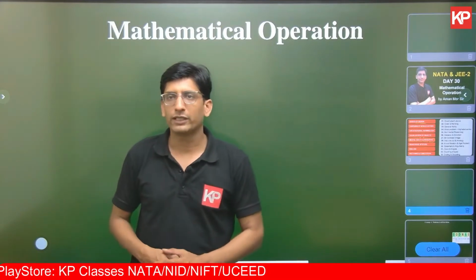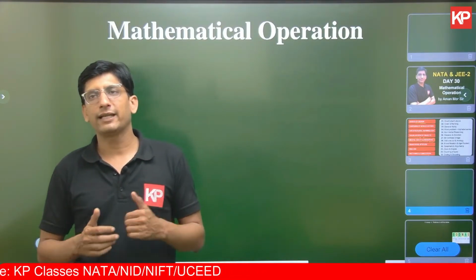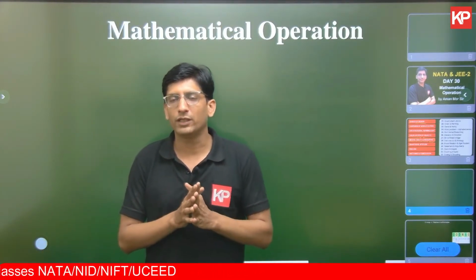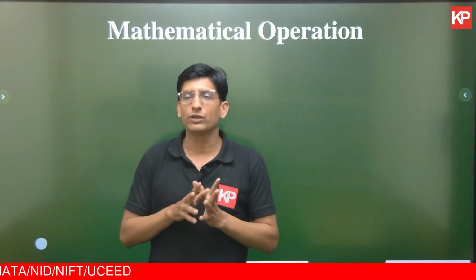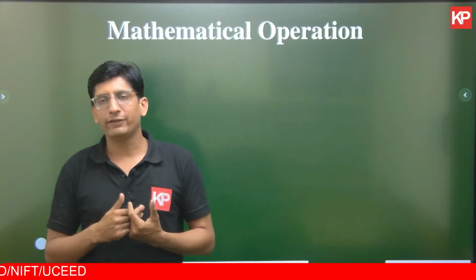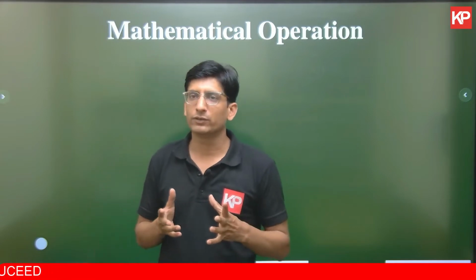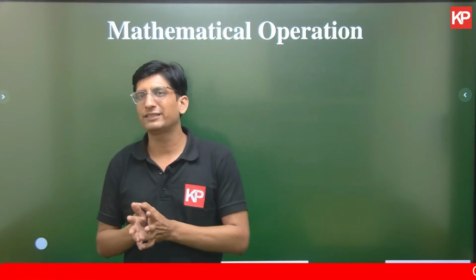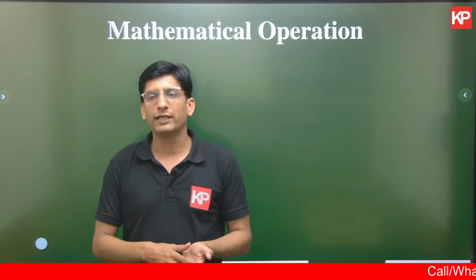Let's discuss the content of the class. Basically this whole chapter is based on BODMAS. I thought everyone is aware of BODMAS. We were studying BODMAS from our 5th to 6th class, or maybe even earlier nowadays.